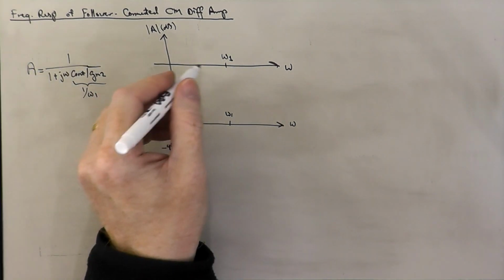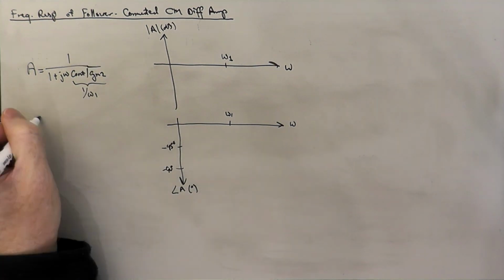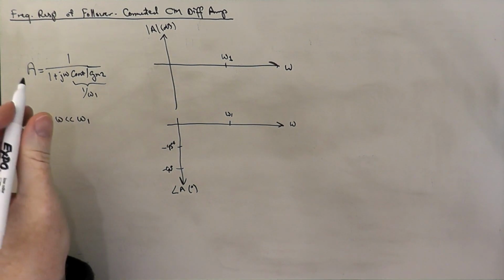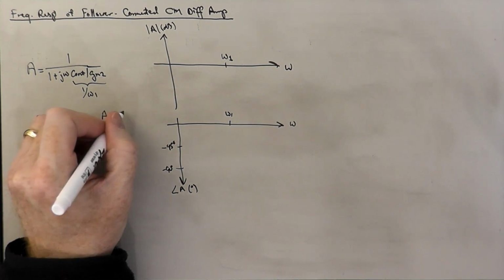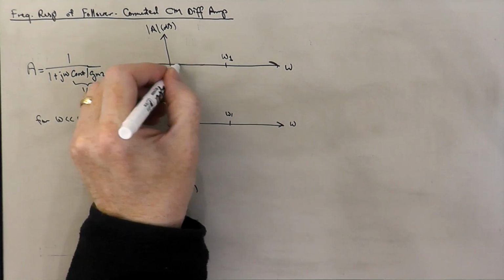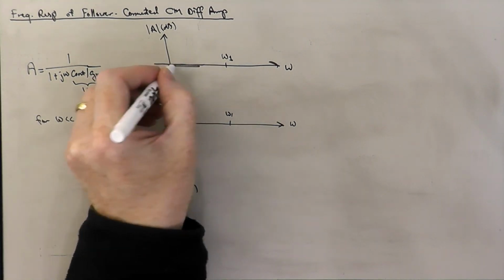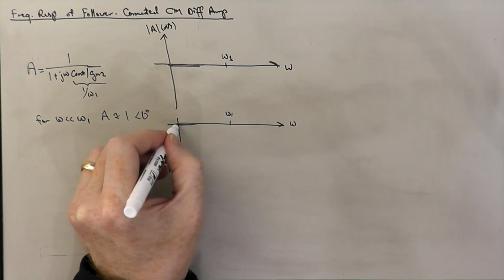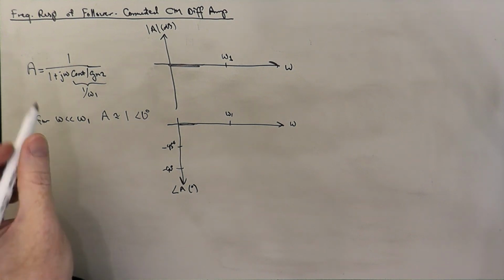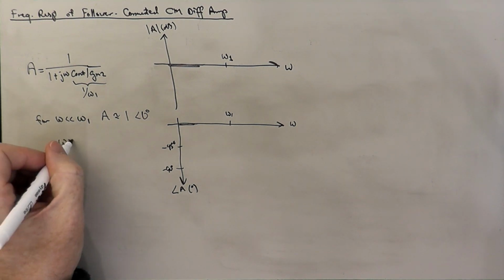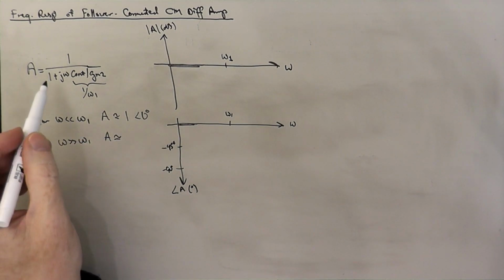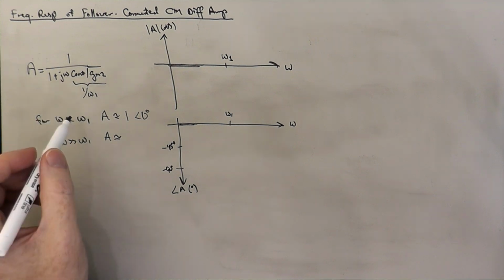We're basically at low frequencies, which are omega much less than omega 1. A is about 1 angle 0. So it's real and it's unity. And for omega much greater than omega 1, A is going to be basically, well, that's going to make this the dominant term.